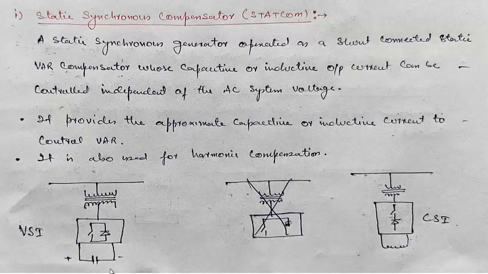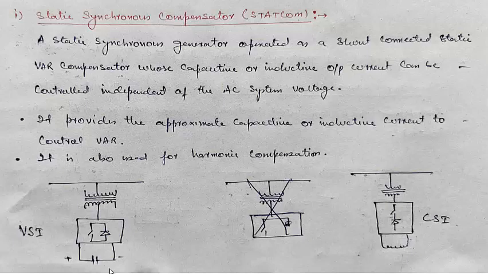Now static has also been introduced to this name because the synchronous condenser was not static, it was a rotating machine, and we know that rotating machines have their own problems. Since it is only similar to the synchronous compensator, because it provides reactive power independent of system voltage, it retains its name.